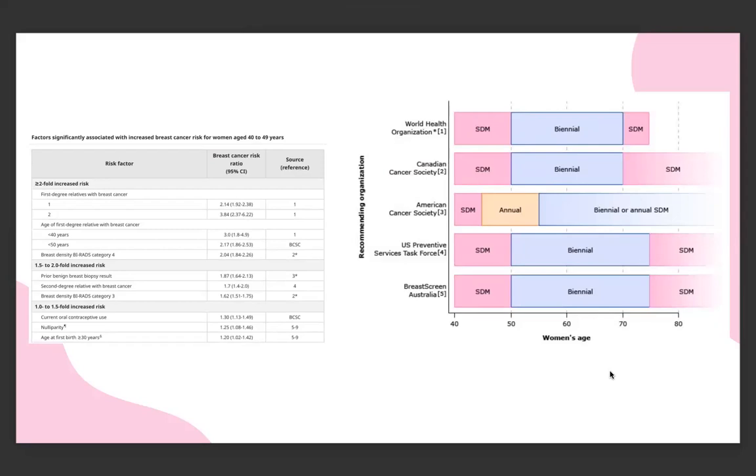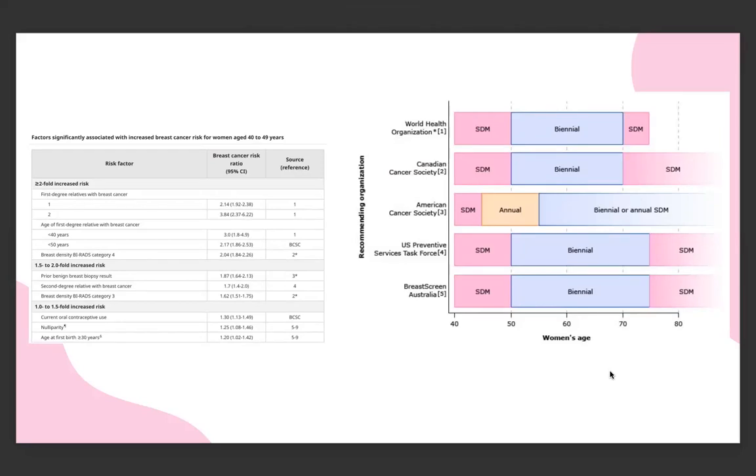So based on reading, there are a lot of organizations that have differing opinions on when to start checking the breast for cancer, and also when to start mammography. And on the left, we see the different risk factors and their associated risk ratio in developing breast cancer.